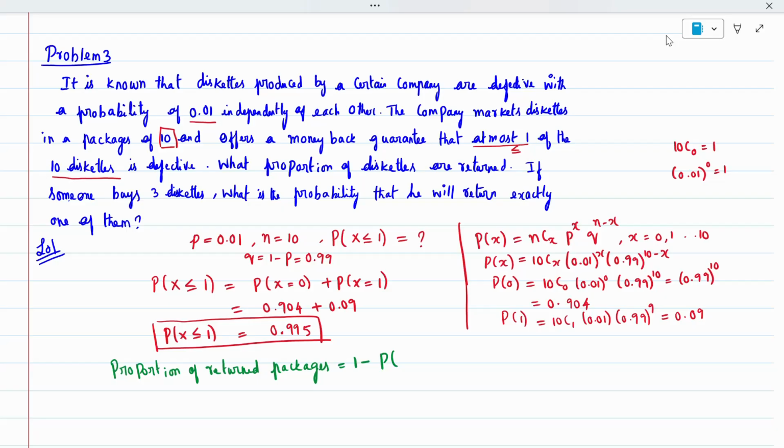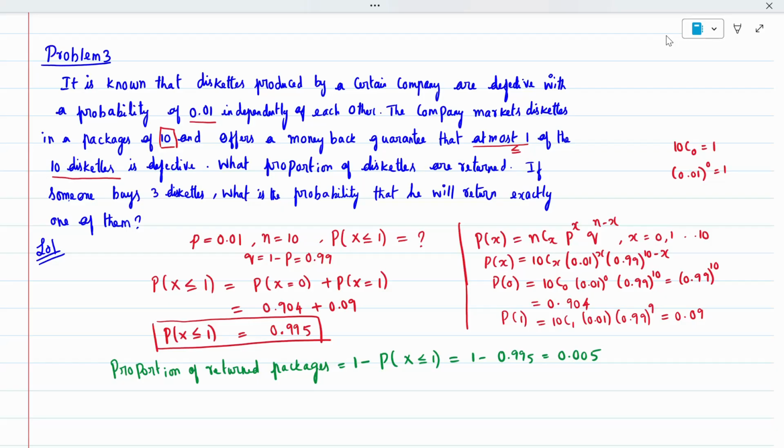So the opposite: 1 minus the probability of x less than or equal to 1, which is 1 minus 0.995. So it is 0.005, my returned package proportion.